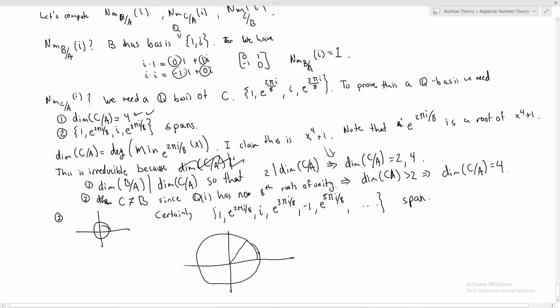So I'm thinking about the unit circle. I've got all my eighth roots of unity.